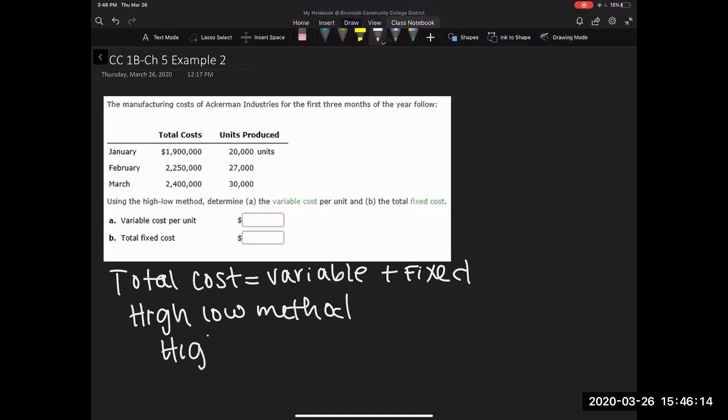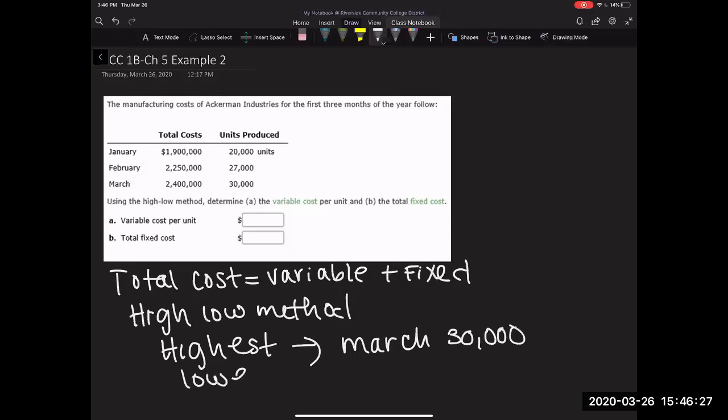So our highest level of activity came in the month of March, okay? In March, we produced 30,000 units, right? And now we need to look at what our lowest is, right? So in scanning, here it is, January. January has the lowest level of activity, or units produced, at 20,000 units, right?